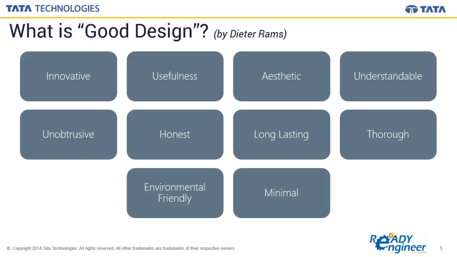Although the cars fall in a similar segment, the moment you look at the Scorpio, the design is not minimal. There are a lot of things in it, a lot of cladding, a lot of distractions. Maybe the product is very innovative, very useful, very honest to what it is, but it's overdone. And the Safari, on the other hand, is very different.